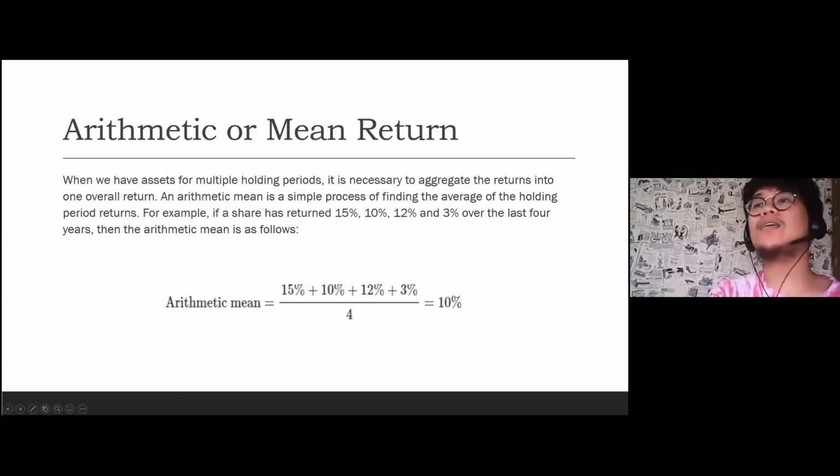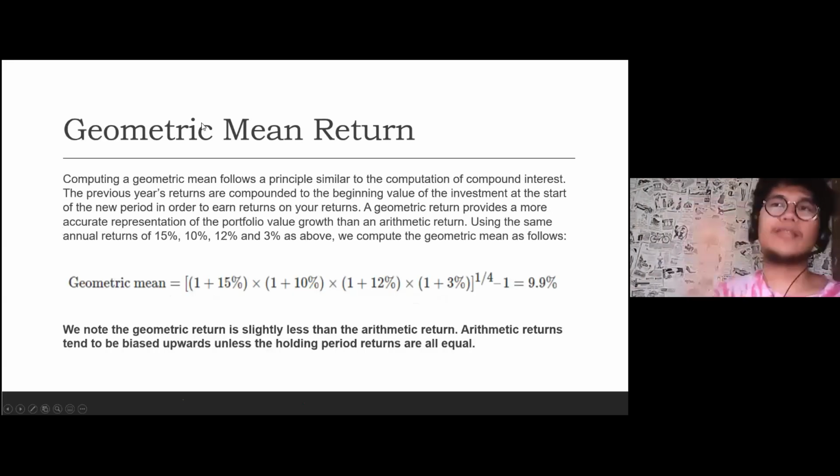But if your base year is 3%, the company was able to obtain a 3% return. However, it is below what you have computed using your arithmetic mean return.